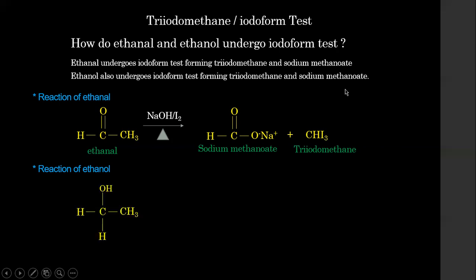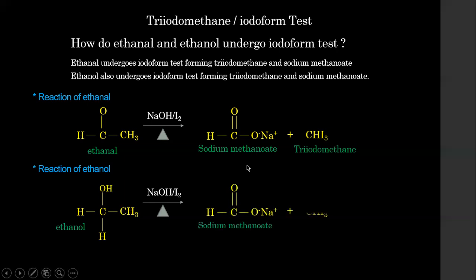It's the same thing that happened in this one also, because ethanal has two carbon atoms and ethanol also has two carbon atoms. They are both going to produce the same product mixture. When you heat ethanol in the presence of sodium hydroxide and iodine in a water bath, you can get sodium methanoate and triiodomethane.